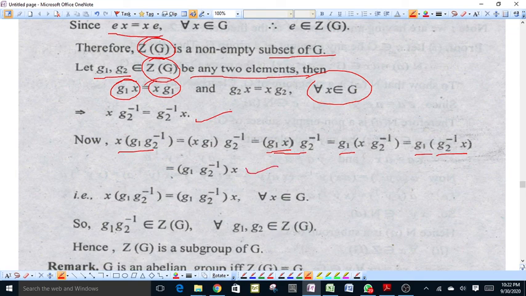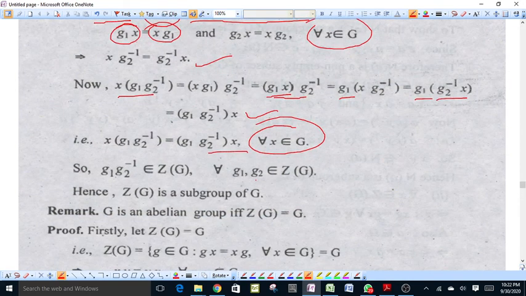This means x g1 g2 inverse is equal to g1 g2 inverse x for all elements x of group G. This means g1 g2 inverse also belongs to Z(G) for all g1, g2 elements of Z(G).